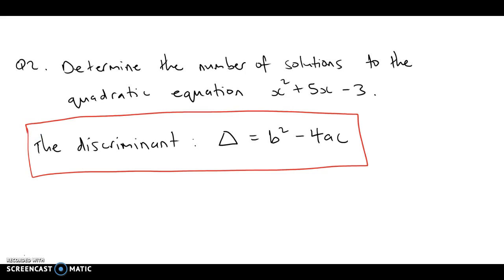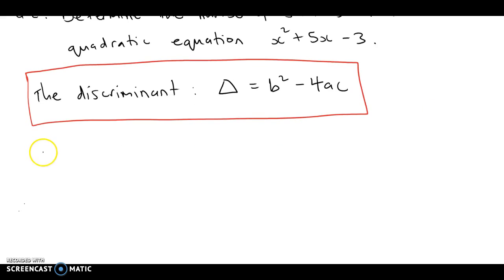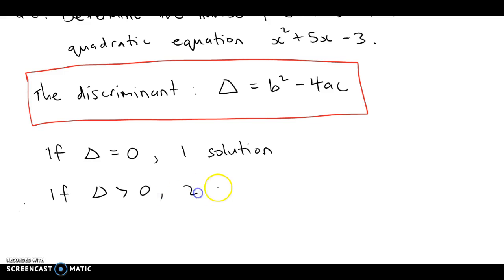Now, if the discriminant is equal to 0, then there is one solution. If the discriminant is greater than 0, then there are two solutions.